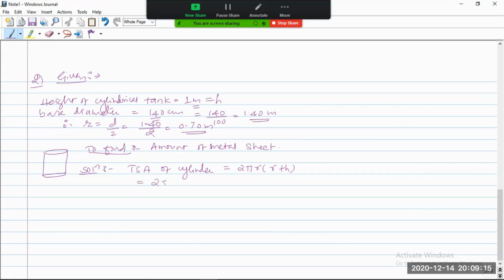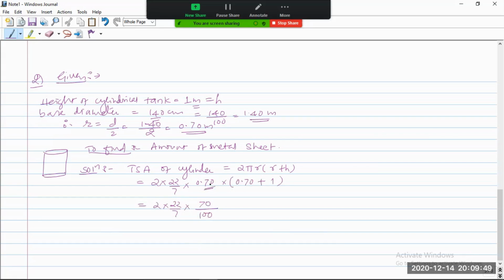Pi is not given, so we can take it as 22 by 7. The radius is 0.70 meters, into r plus h, that is 0.70 plus the height of 1 meter. So you can simplify it. 2 into 22 by 7, and as we have discussed, if we have a number in decimal form, we need to convert it into fractional form by dividing by a multiple of 10 depending on the number of digits after the decimal.